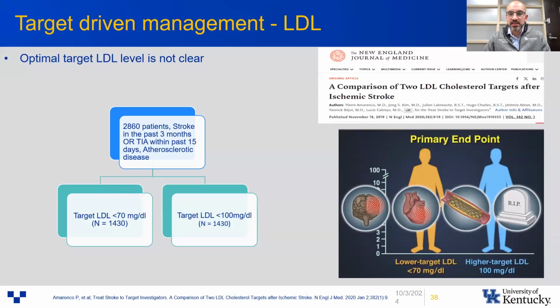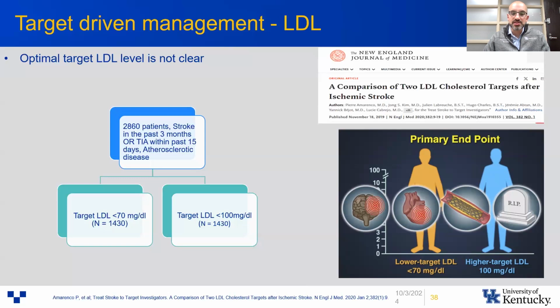Another big factor is cholesterol management, especially with low-density lipoprotein. A study that was done involved over 2,800 patients who had a stroke within the past 3 months or a TIA within the past 2 weeks with known atherosclerotic disease. They randomized them to a target LDL of less than 70 versus less than 100.